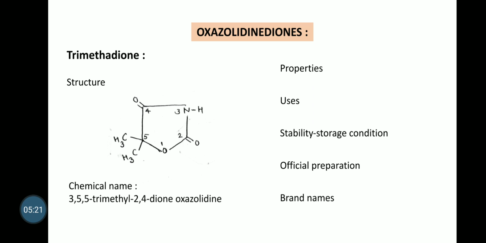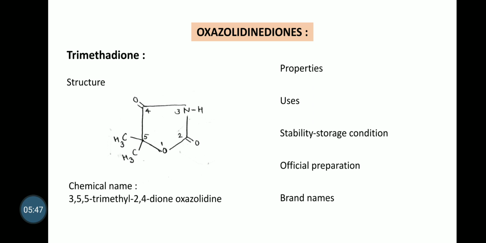Trimethadione properties. Trimethadione occurs as colorless or white granular crystals having a camphor-like odor. It is very soluble in chloroform, in alcohol and in ether, and soluble in water.